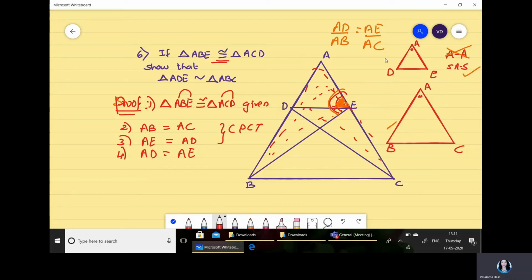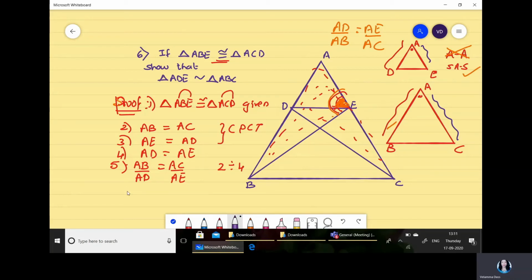Therefore I can prove that the two sides are in proportion. So I divide 2 by 4, and I get AB upon AD equals AC upon AE. So the two sides are in proportion. Please check: AB upon AD, and here we have AC upon AE, and angle A is already given.